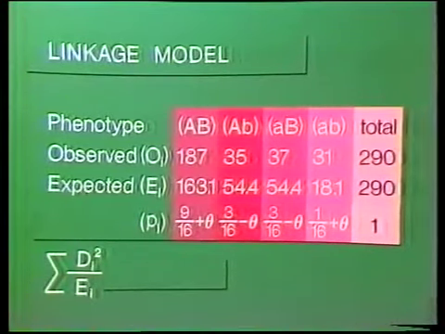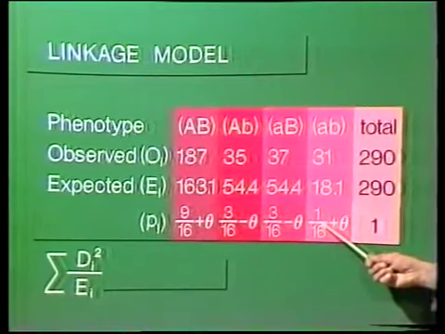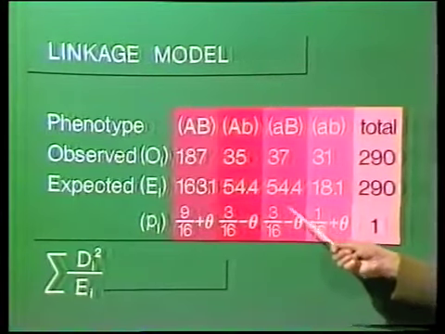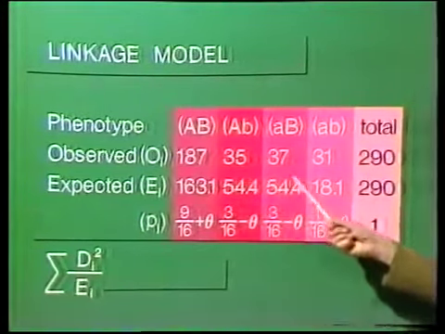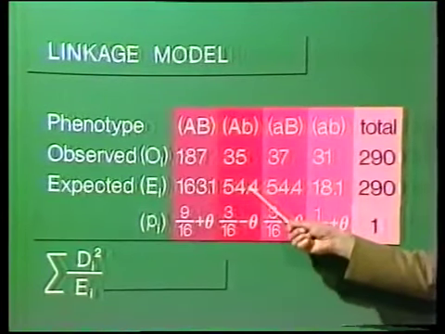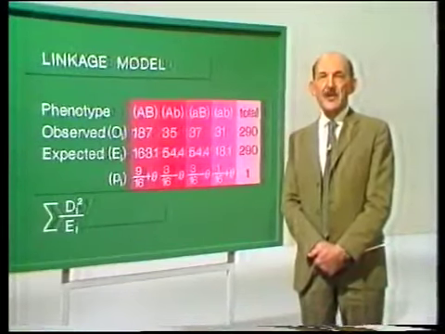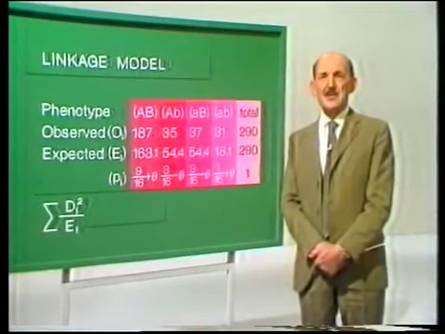But if we choose a positive value of theta, then this will inflate these two probabilities and send up these two expected values, and correspondingly send down these, which is precisely the sort of effect we want. We've now got to choose an appropriate value for theta. How do we do this?